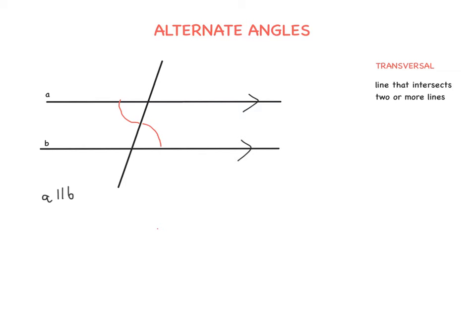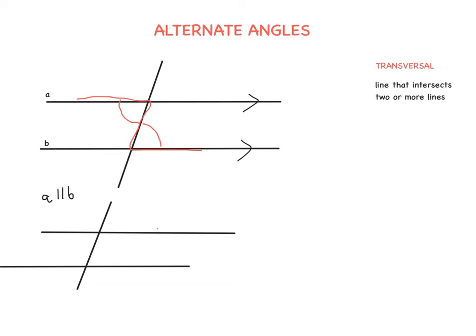These angles are exactly the same, and they are called alternate angles. So here we go, the Z shape. Or we can have another Z shape in here, and this angle is exactly the same as this one, and they're also alternate angles.